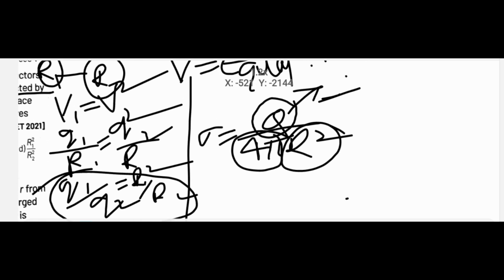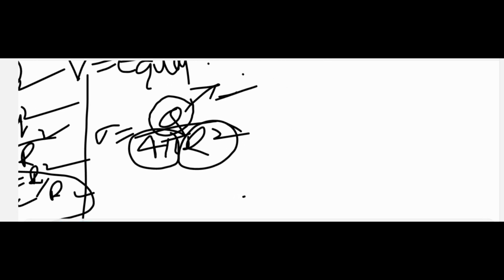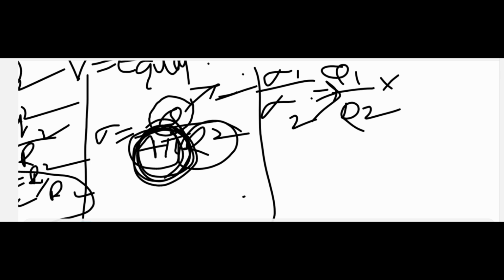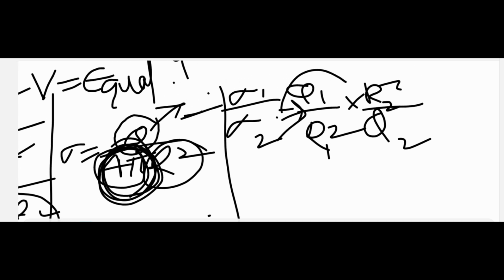They are asking for the ratio sigma 1 by sigma 2. In this equation, 4 pi is the same for both sigma 1 and sigma 2, a constant value, so 4 pi will get cancelled. We will be left with q1 by r1 square into r2 square by q2, so we have the value of q1 by q2.